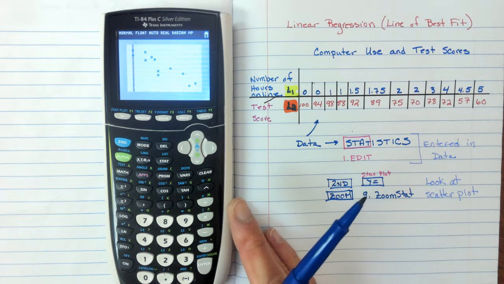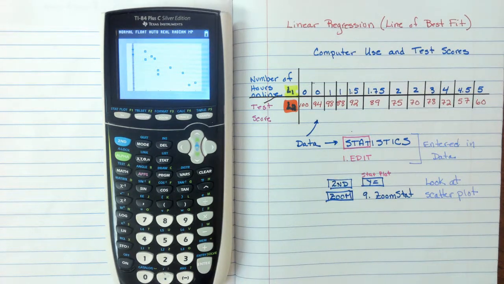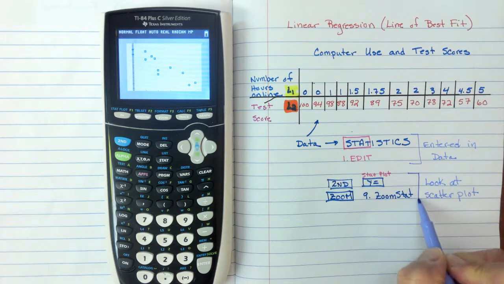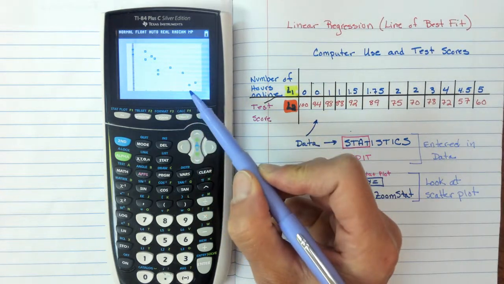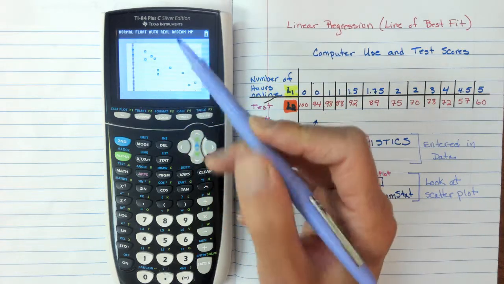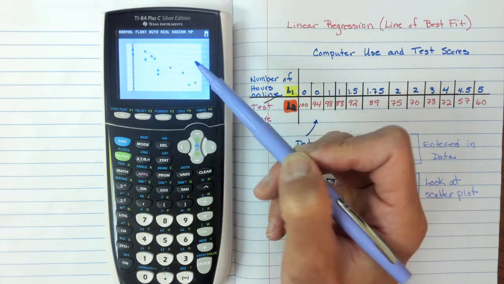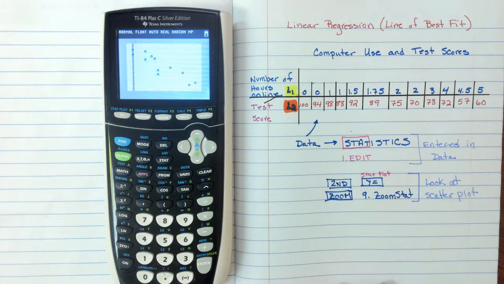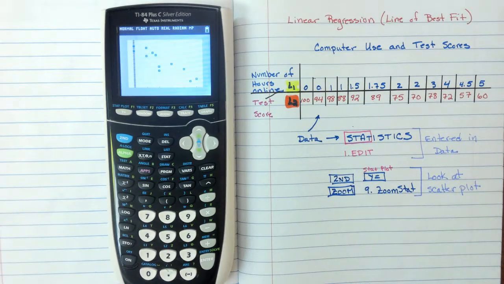So I'm going to turn what's called diagnostic on. So here I looked at the scatter plot. It looks like it's going to be a line. It could be something that looks like a parabola or something that looks logarithmic, but for the sake of this lesson, it's just a line. So actually, let's just write that down. That looks like a line.